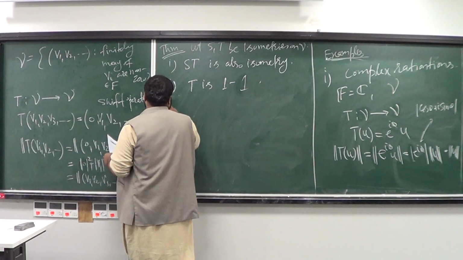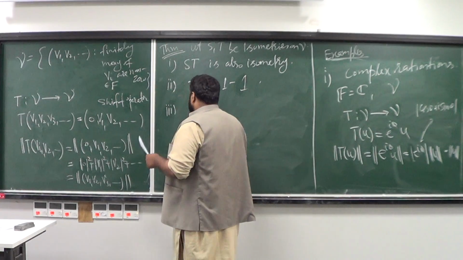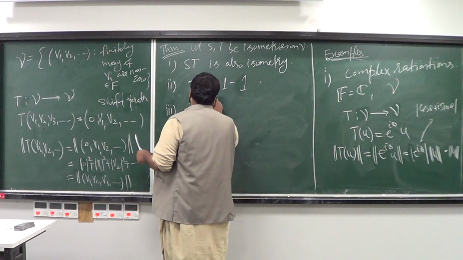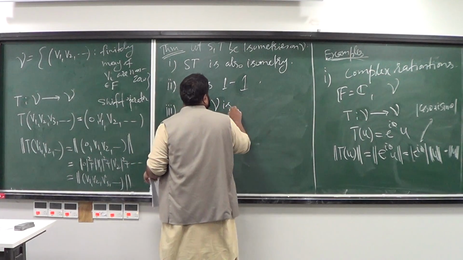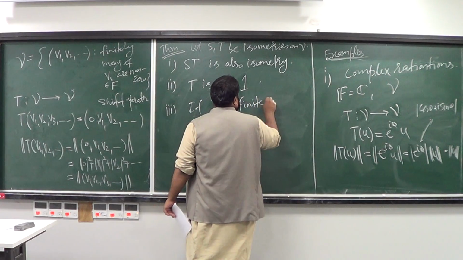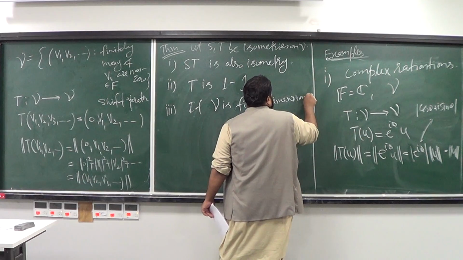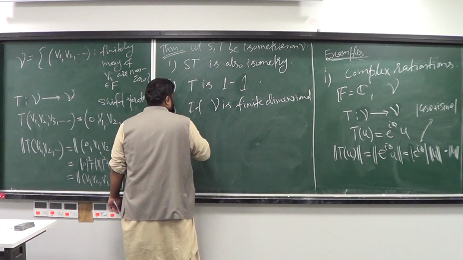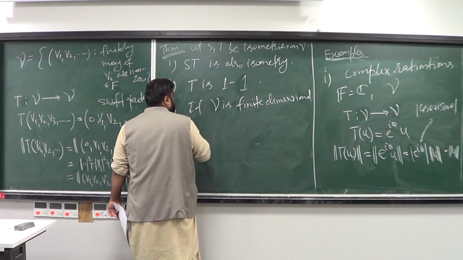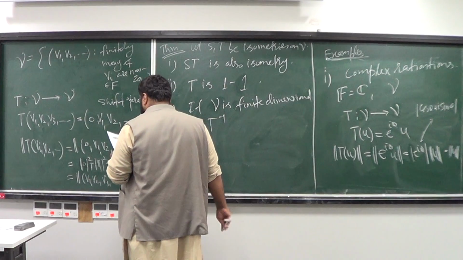And the third interesting property is that if V is finite dimensional, this is true in finite dimension, and T is an isometry, then T inverse is also an isometry.